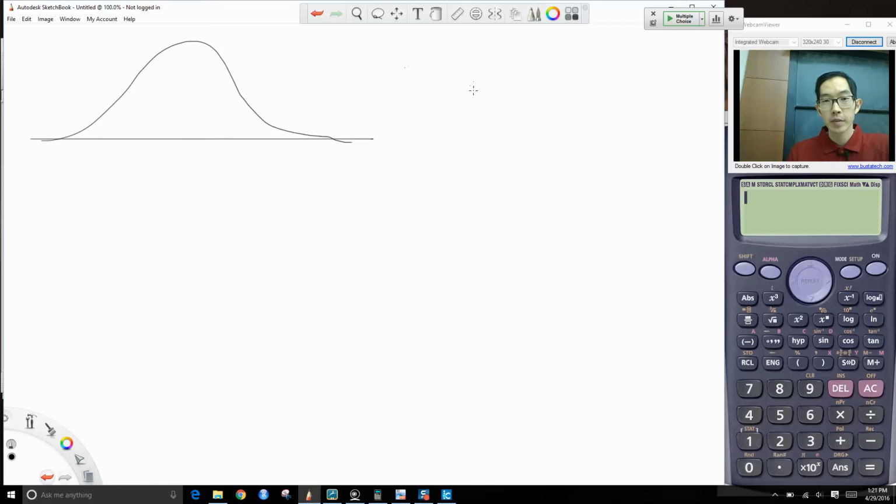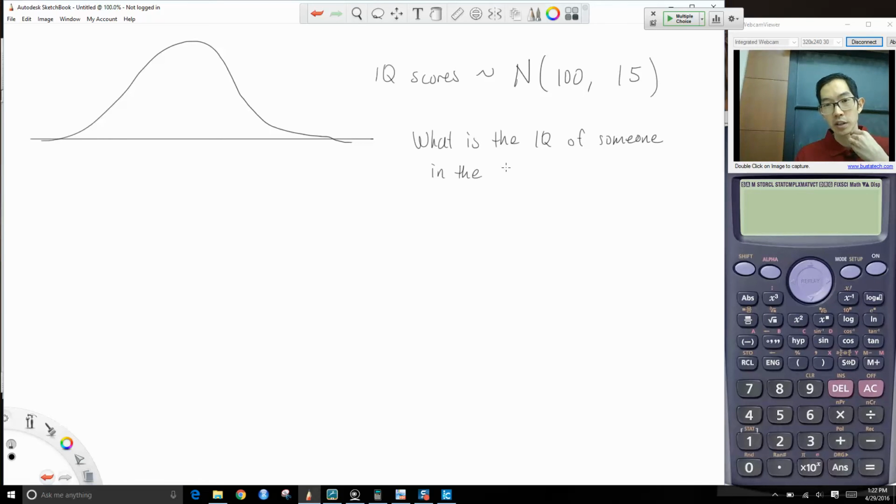Okay, and then so this time we'll say IQ scores come from a normal distribution with a mean of 100 and a standard deviation of 15. Okay. And then we'll say, what is the score of someone in the 90th percentile?